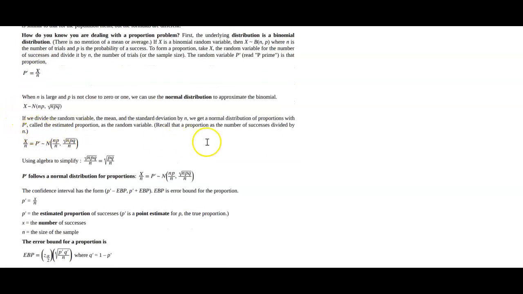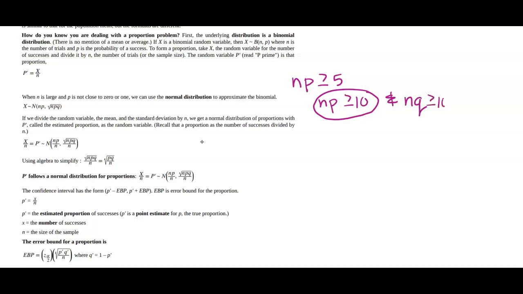So one thing that we knew from before is that as long as N is big and P is not 0, we like to say NP is greater than or equal to 5, as some books say, but a lot of books say greater than or equal to 10, and NQ greater than or equal to 10.